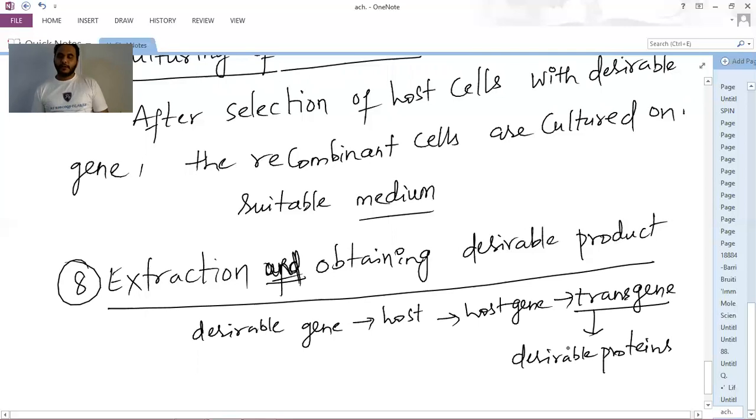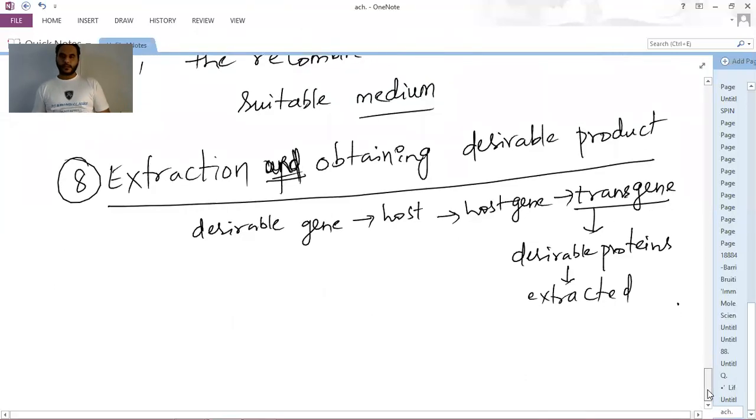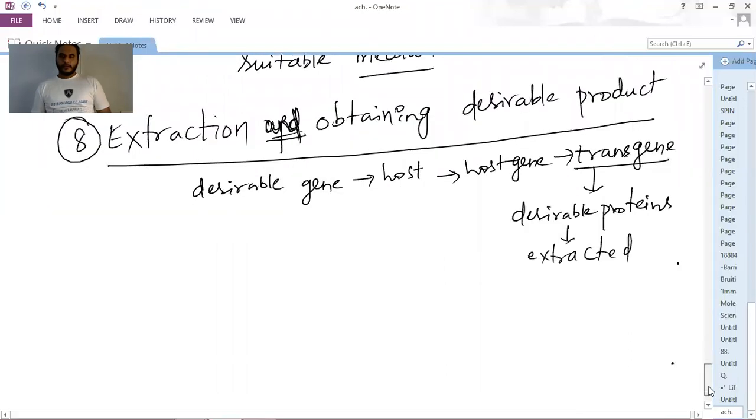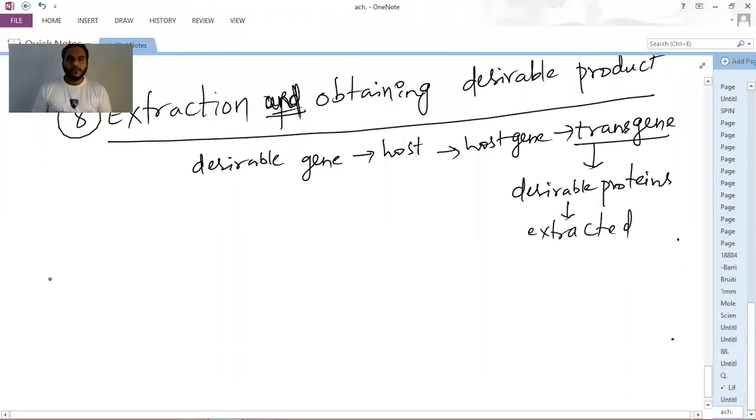These desirable proteins are produced or synthesized under controlled conditions, then the gene product is extracted from the medium, followed by downstream processing that we already know.